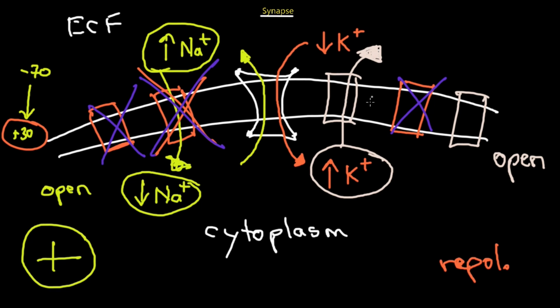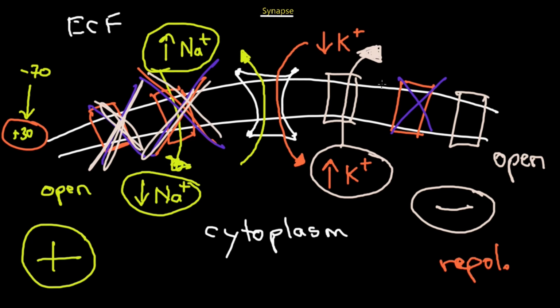So more and more potassium, more positive charge will be leaving, and then we are going to have our membrane potential go right back to -70 and do an overshoot, which is going to be hyperpolarization below -70 because of this crazy outflow of positive charge. And no positive charge is coming in. The sodium's not coming in because these are inhibited, these are blocked, and so therefore the potassium's going to leave. And that's how an action potential occurs.